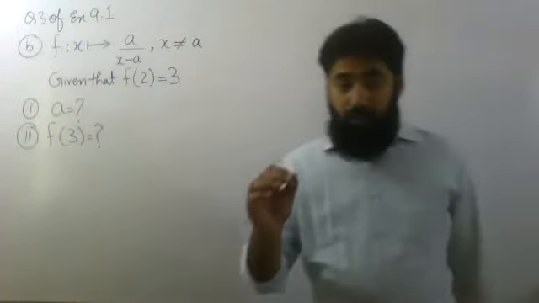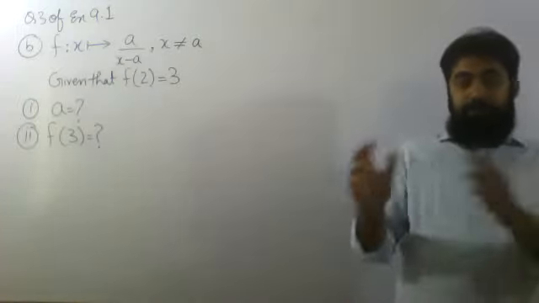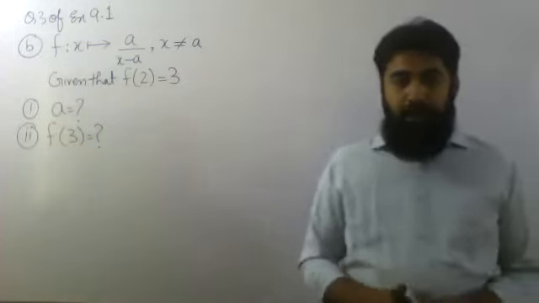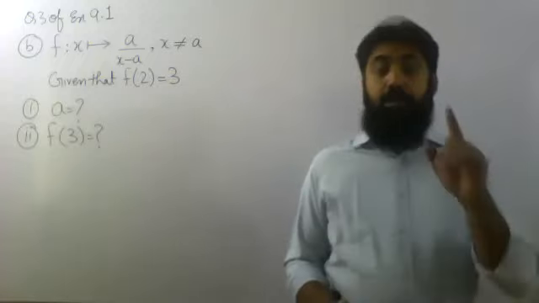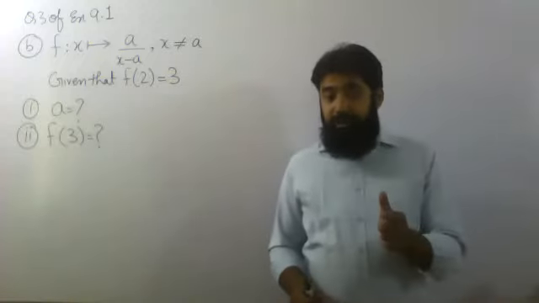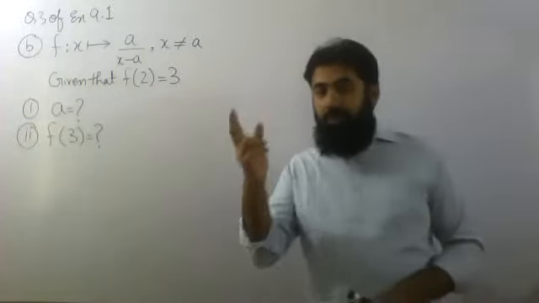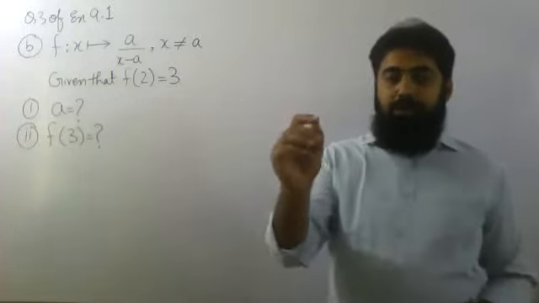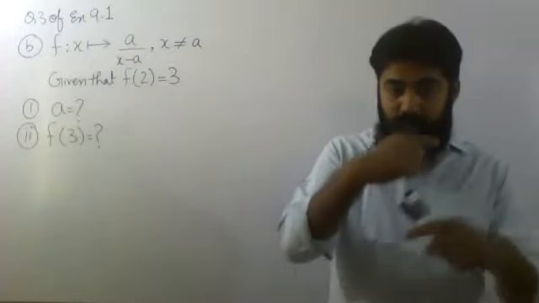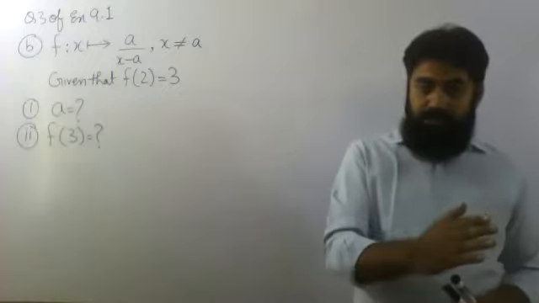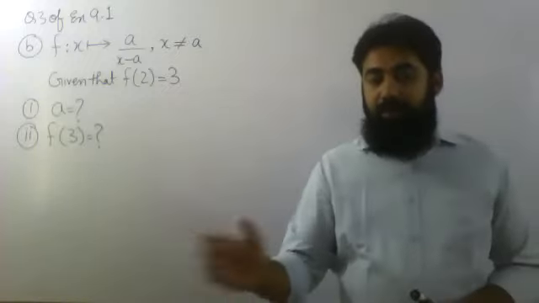Now, in the previous part, they were telling us what is domain and I had to find range. Now they are doing the same thing but with a little bit of difference. If you remember the previous part, I was replacing my x value with a number. Wherever x was written, I was replacing it with a number.